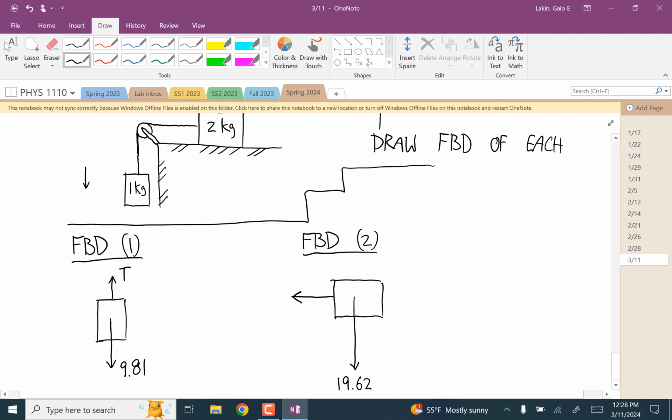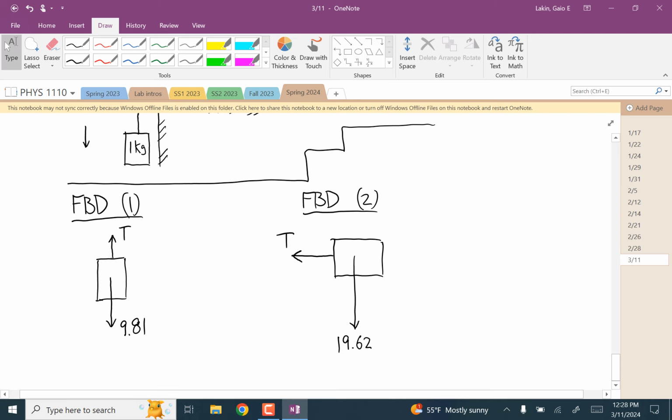And since it's the same cable as this one, we give it the same name. And then for the friction force, we know there's a pushing normal force.